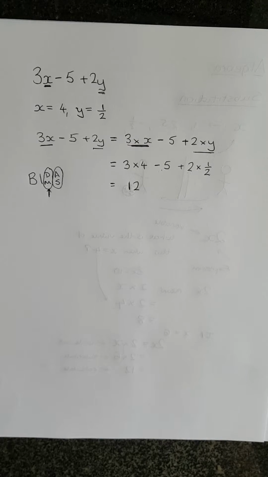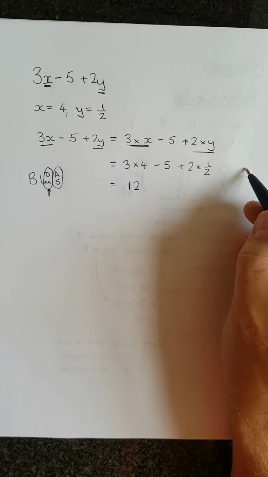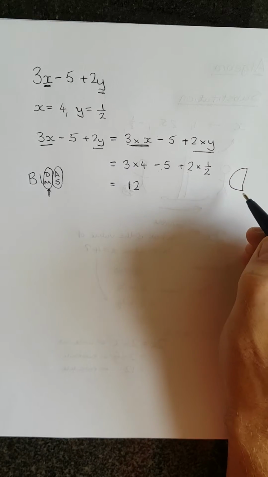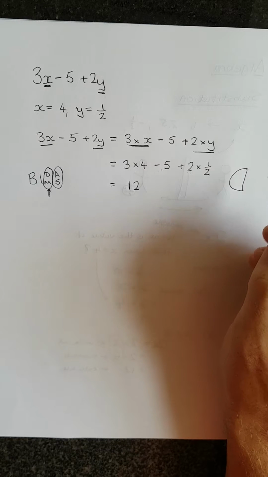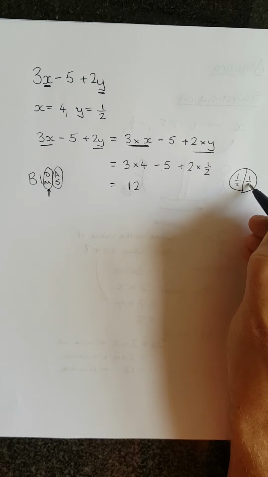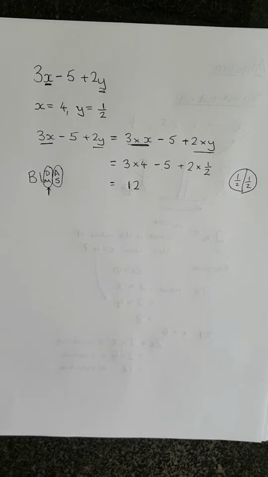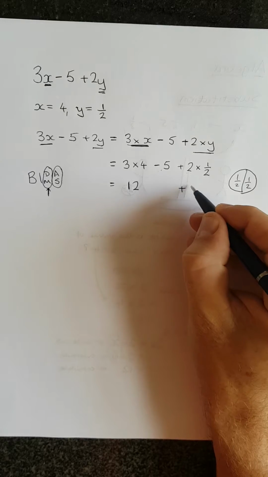But actually this one is very kind. Here's a half, and here's a half. So what do 2 halves make? That's right, they make a whole.